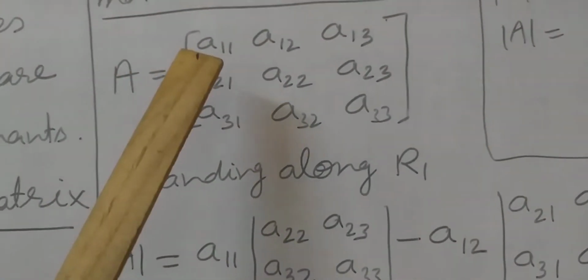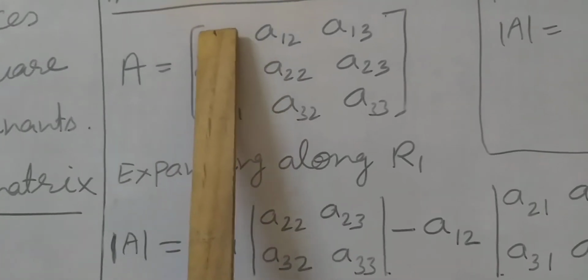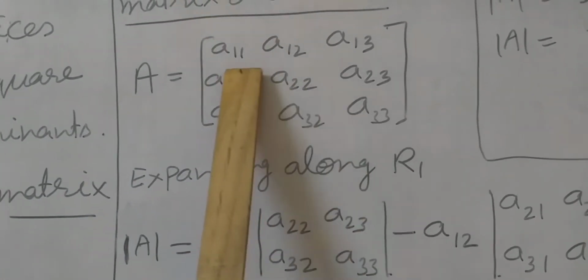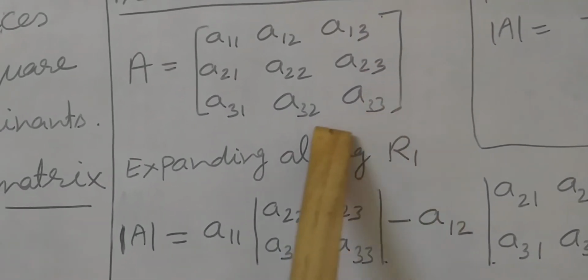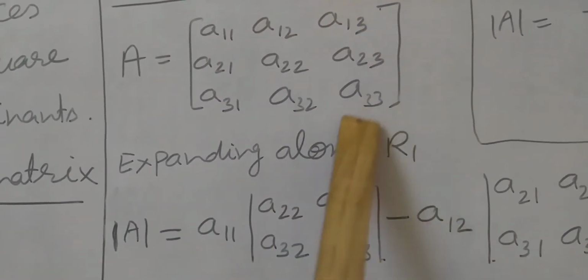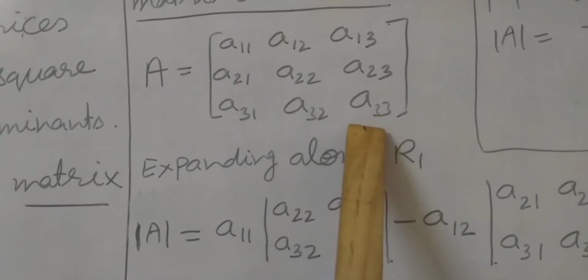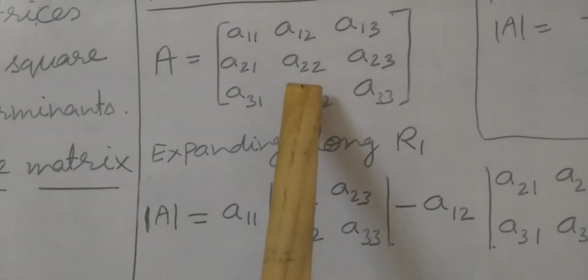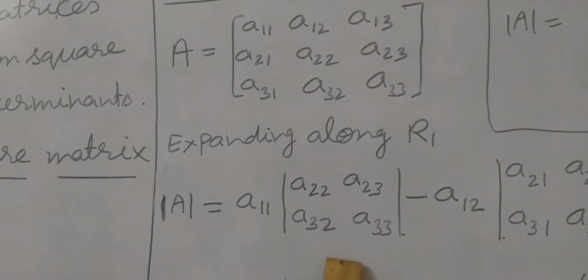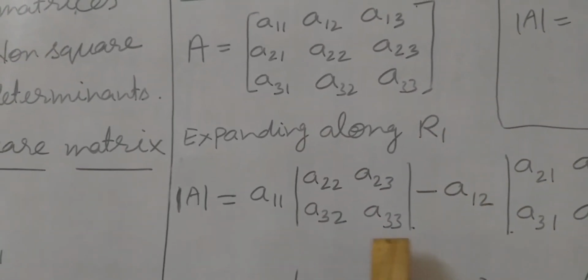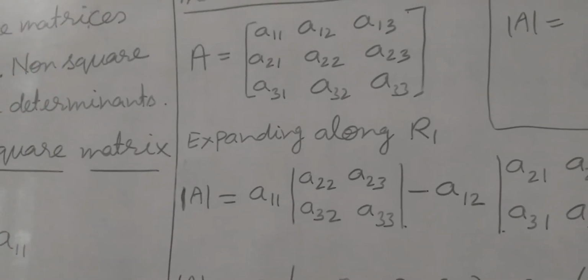And the column in which A11 lies, so this column is deleted. So what are the left values? This part is left, student. A22, A23, A32, A33. So these 4 values will be written here in the form of determinant, student. Correct?